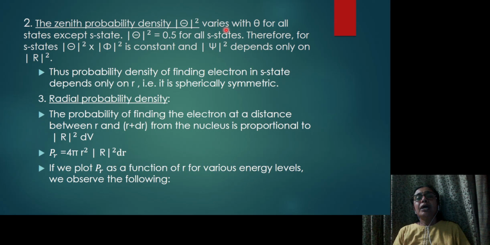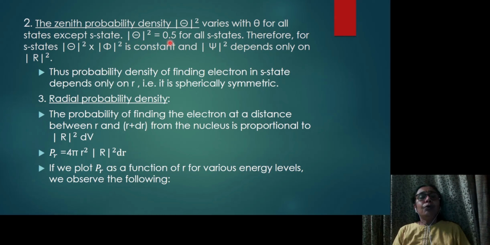We are not going to prove it, because we are not discussing the wave function theta, but it is known from the wave function theta that the zenith probability density varies with the angle theta for all states except for S state. For S state, mod theta square is constant and it is equal to 0.5 or half.